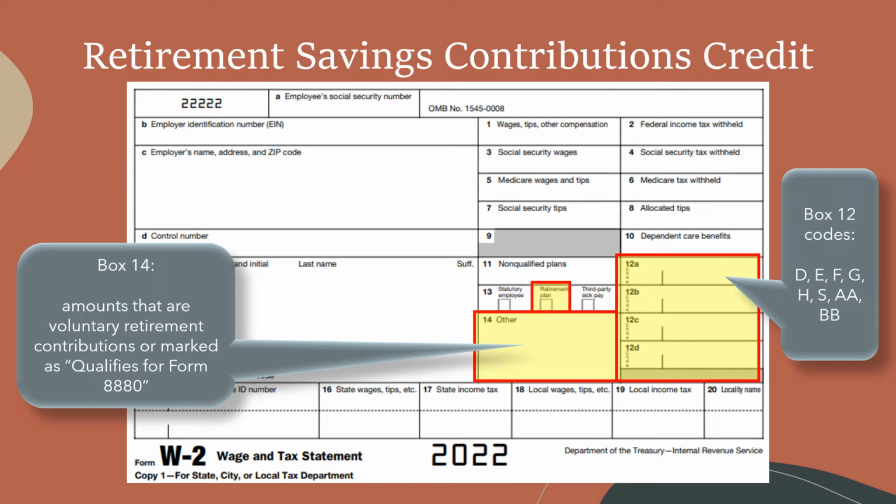And then box 14. Sometimes there's information in there regarding voluntary retirement contributions, and they'll usually be marked as qualifies for Form 8880. And then you'll know that you'll be looking at entering some information into TaxSlayer about this credit.